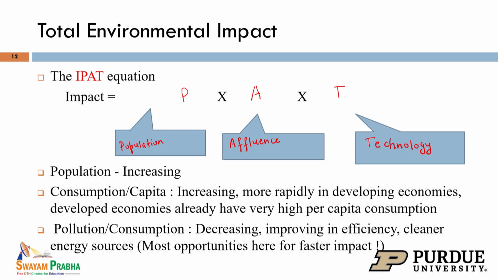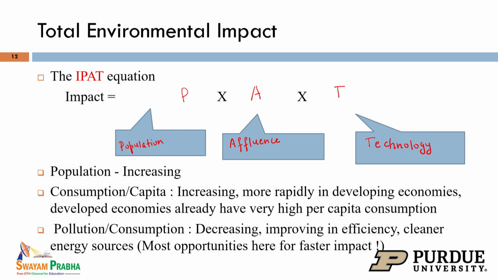It can be a country, it can be a local region. It is definitely increasing more rapidly in developing economies, and developed economies like Western economies already have very high per capita consumption. And then the last one is technology, where we are seeing the interaction of technology and environment.